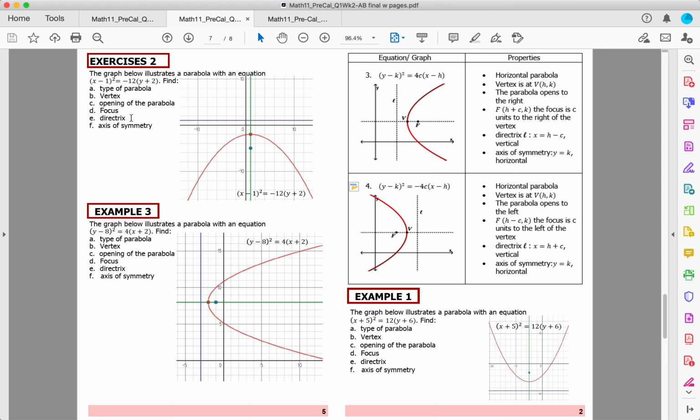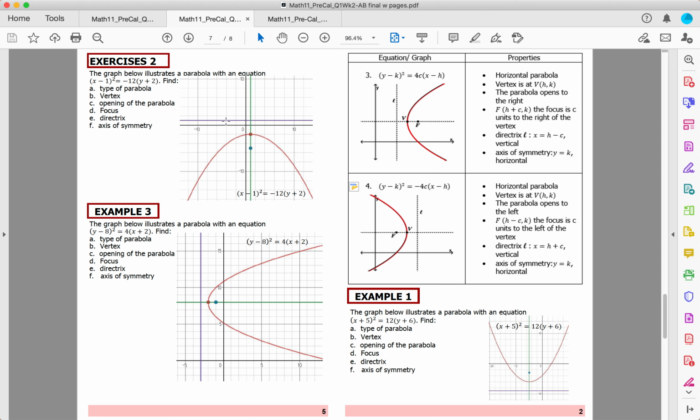Okay, for the directrix, again, since this is opening downward, it's above the vertex. So you count still the same 3 units. So from -2, you count 3 units. So -2, it's going backwards because you're going up. So -2, -1, 0, 1.